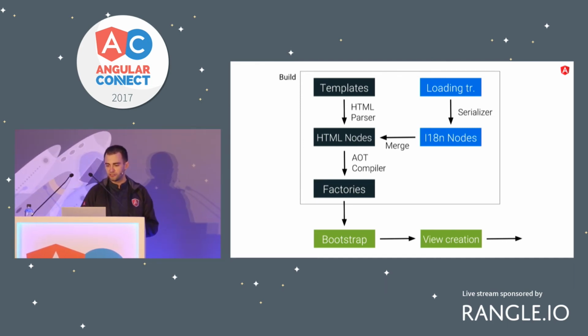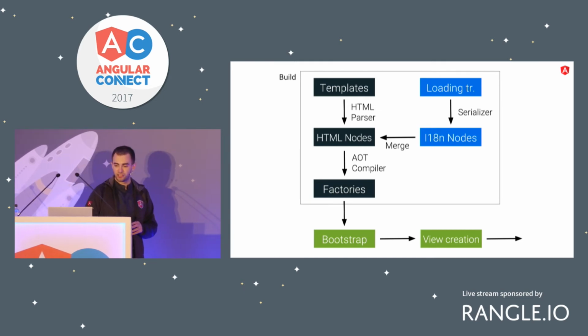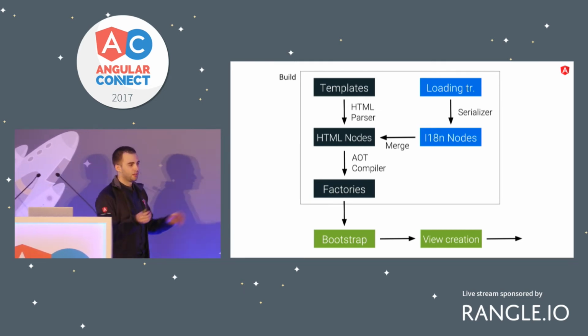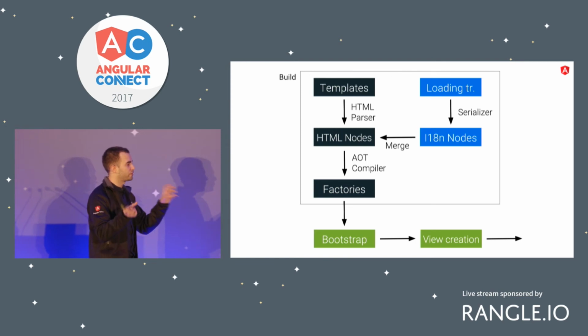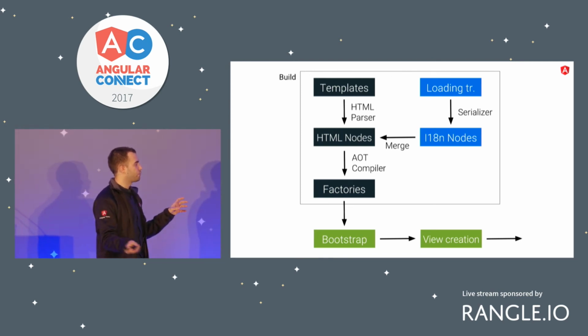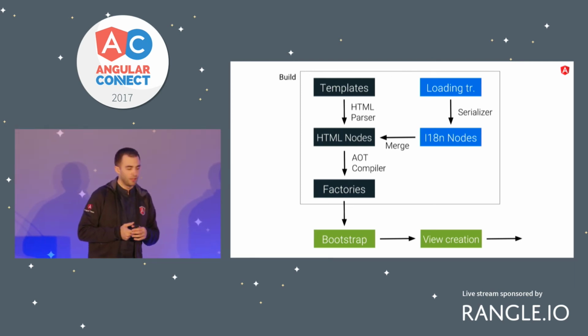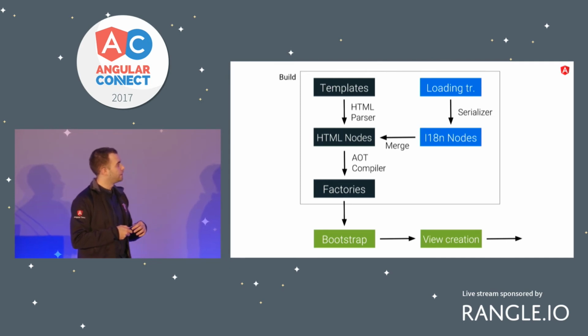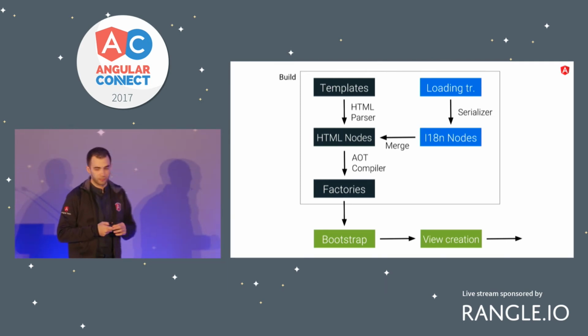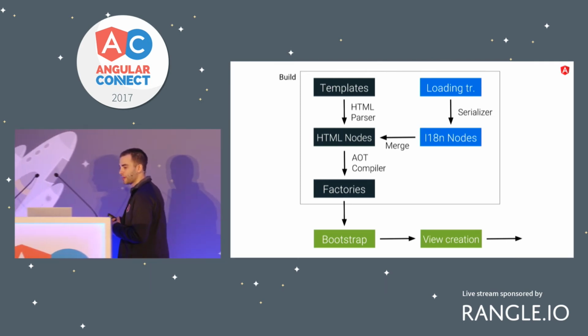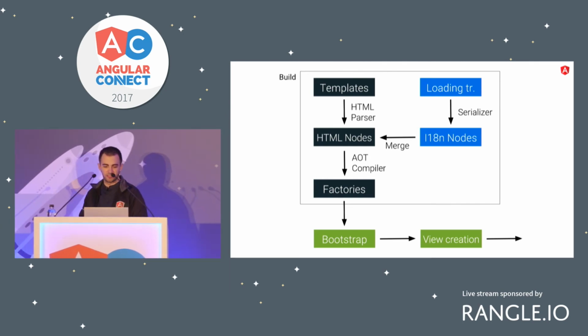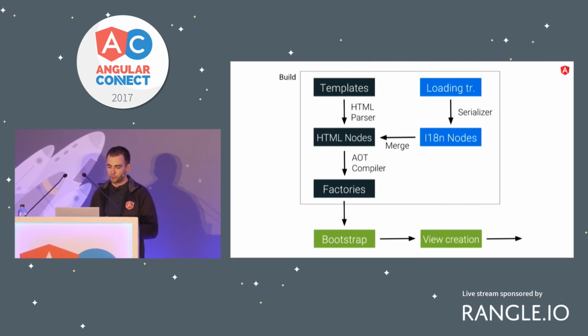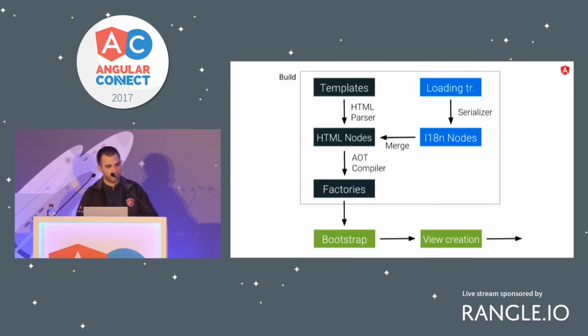Once you have those nodes, we will merge them with the HTML nodes, which means that we will match which node corresponds to which translation, and we will replace the text. This is done at build time, and after that, the AOT compiler gets the templates, the nodes, and creates the factories. So this is totally transparent for your users.